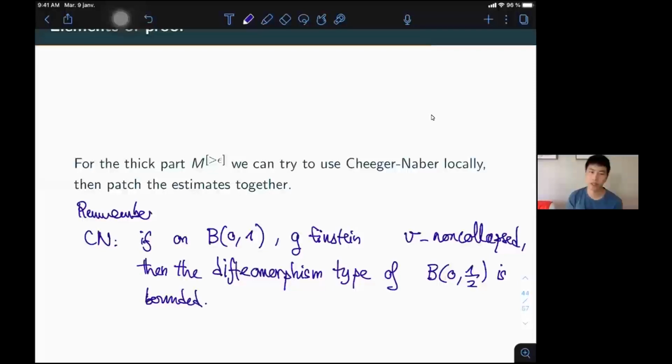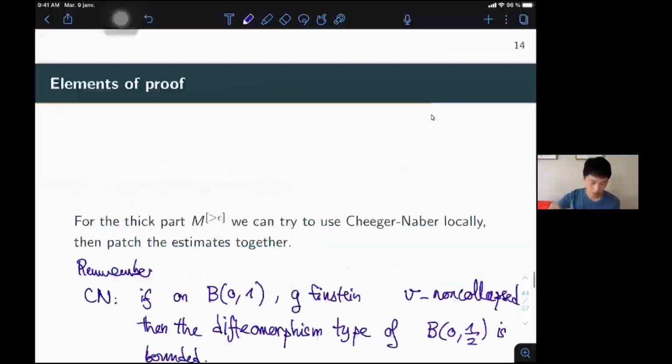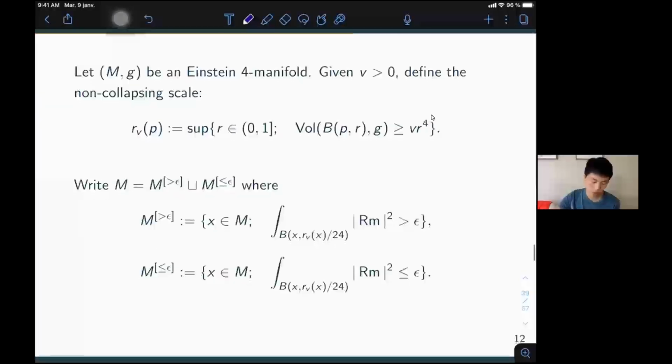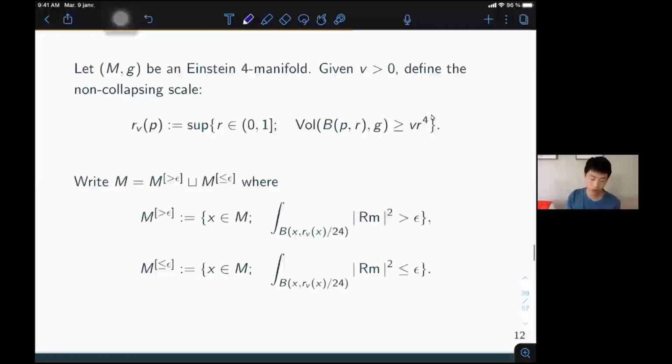It belongs to a finite list that depends on the non-collapsing threshold V. So let me go back to this definition of the thick-thin decomposition, just to convince you that Cheeger-Naber is going to be useful.